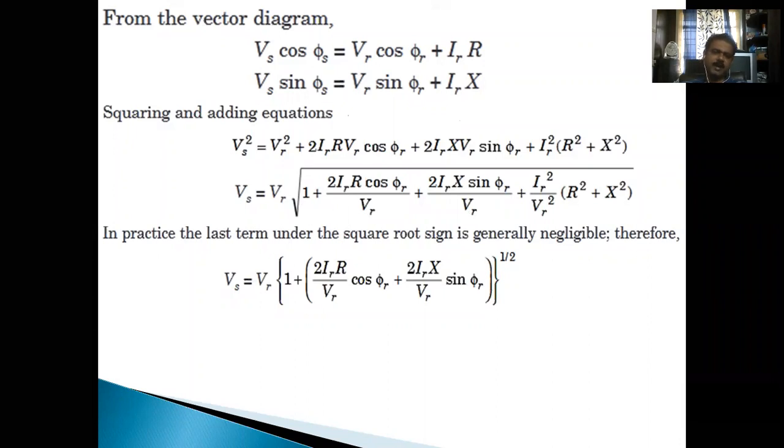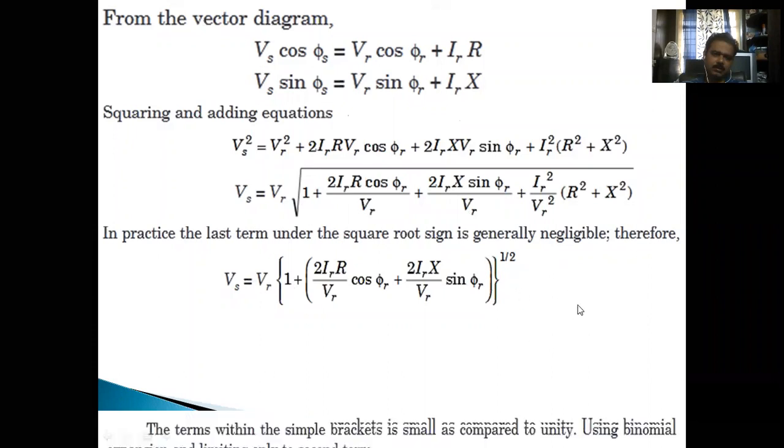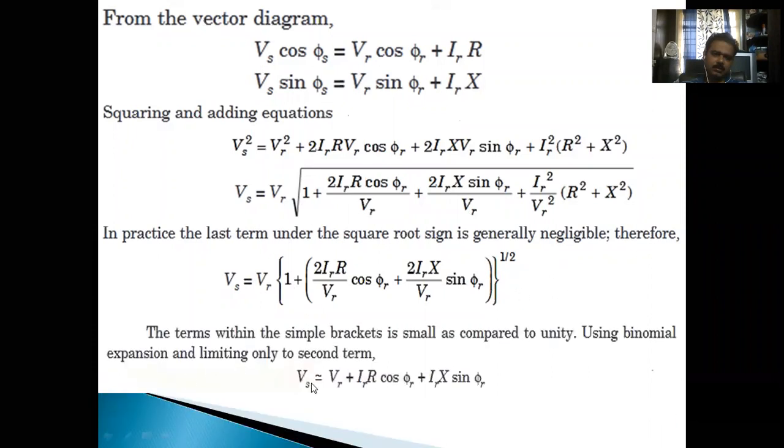And now using binomial expansion, neglecting the higher order terms, we can limit this to only up to the second term. So you will get Vs is equal to Vr into 1 plus half into the second term. The higher order terms, the third term and fourth term, can be neglected.